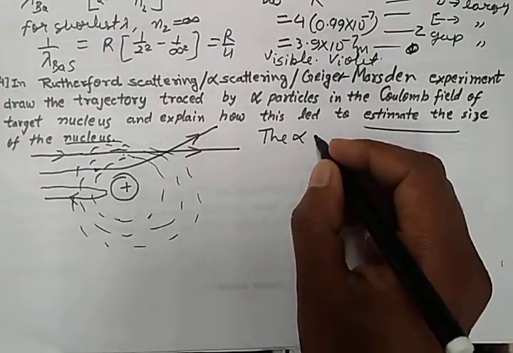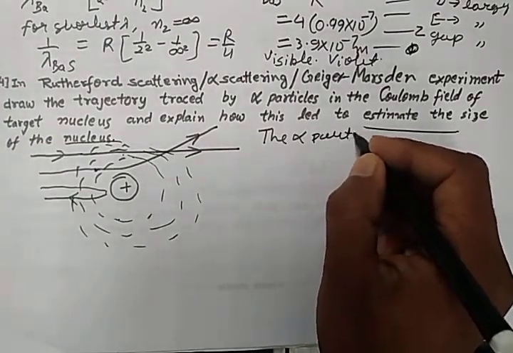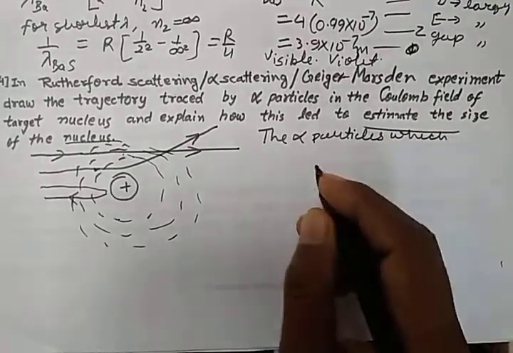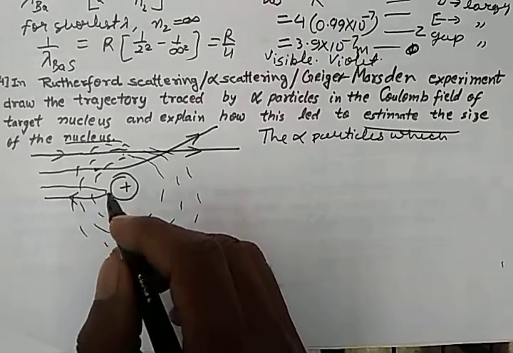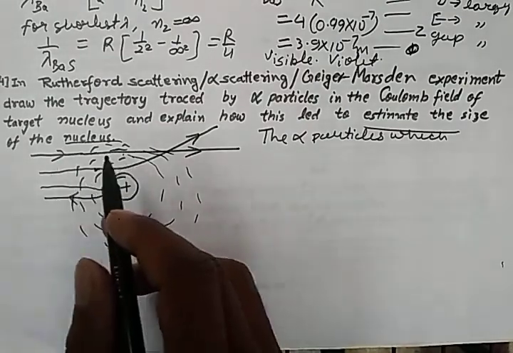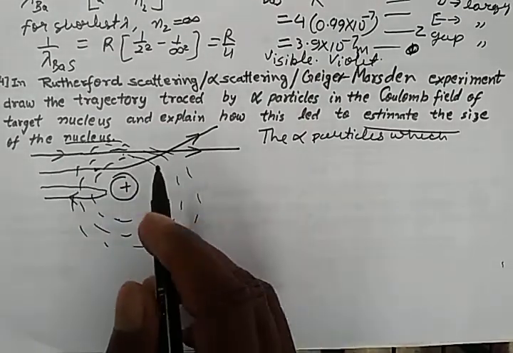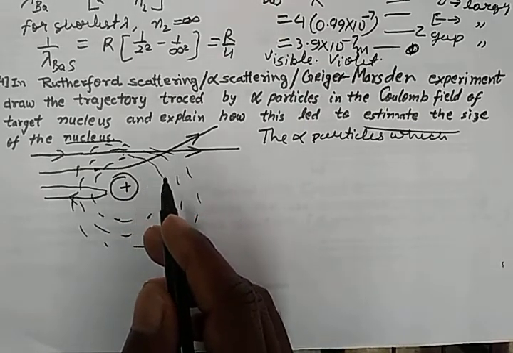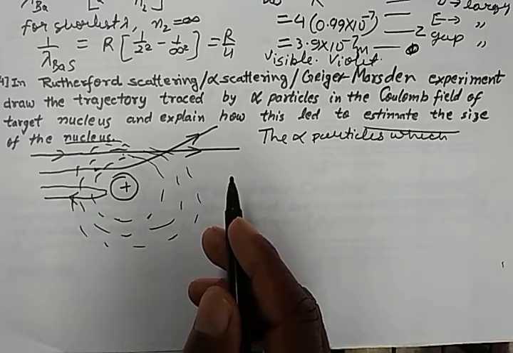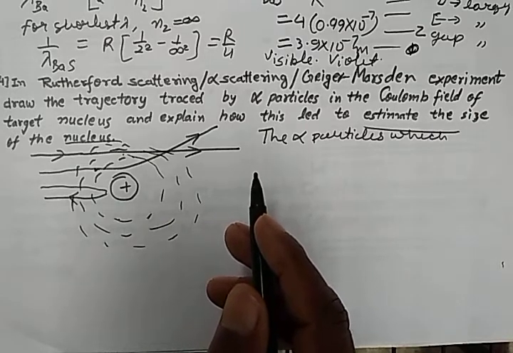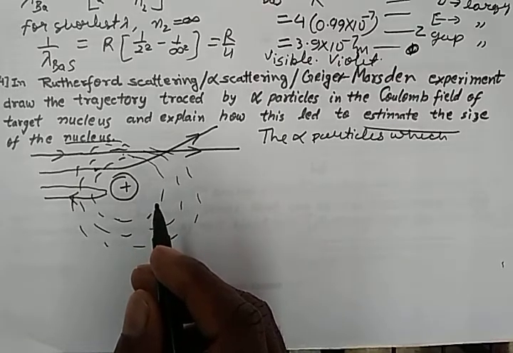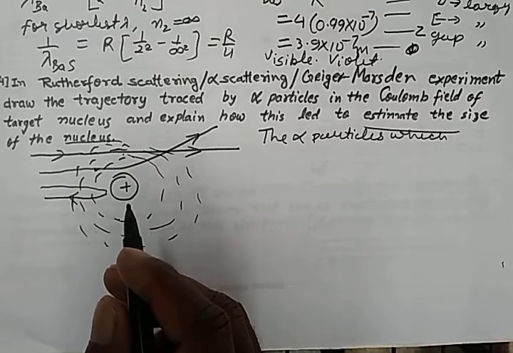You can explain these also: many of the alpha particles went straight, and few of them were deflected at small angles, fewer at larger angles, and a very negligible amount of alpha particles bounced back.